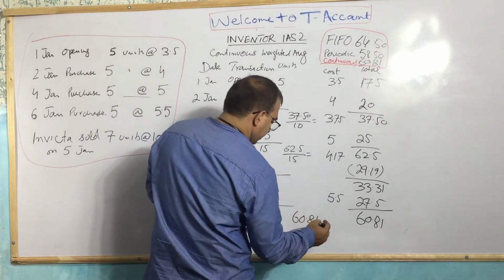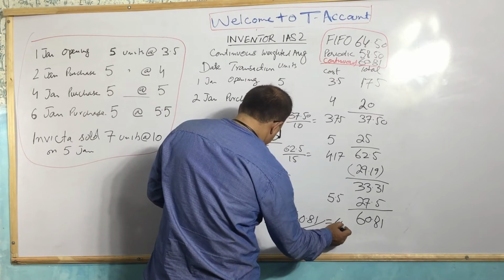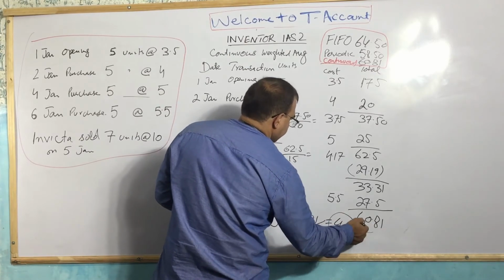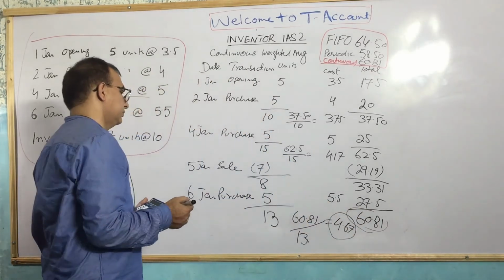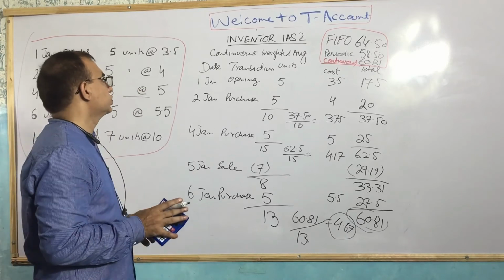We get 4.67 per unit, and that's our value of closing inventory.